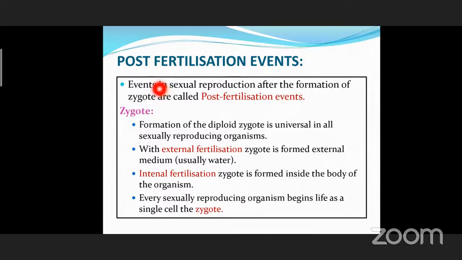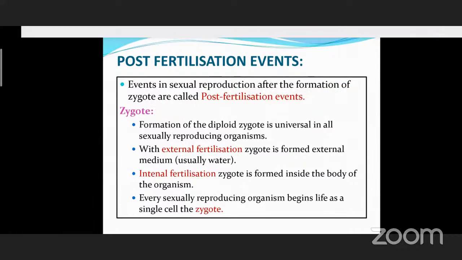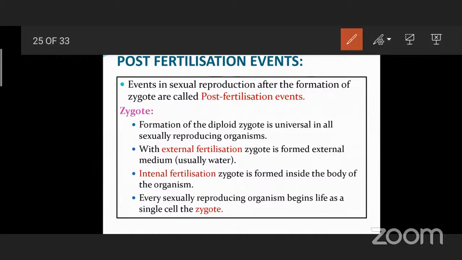So now let us discuss the third stage, that is post-fertilization events. What are post-fertilization events? Events in sexual reproduction after formation of the zygote are called post-fertilization events. How is the zygote formed? Male and female flowers form the gametes. Both gametes fuse to form the zygote, the diploid zygote.